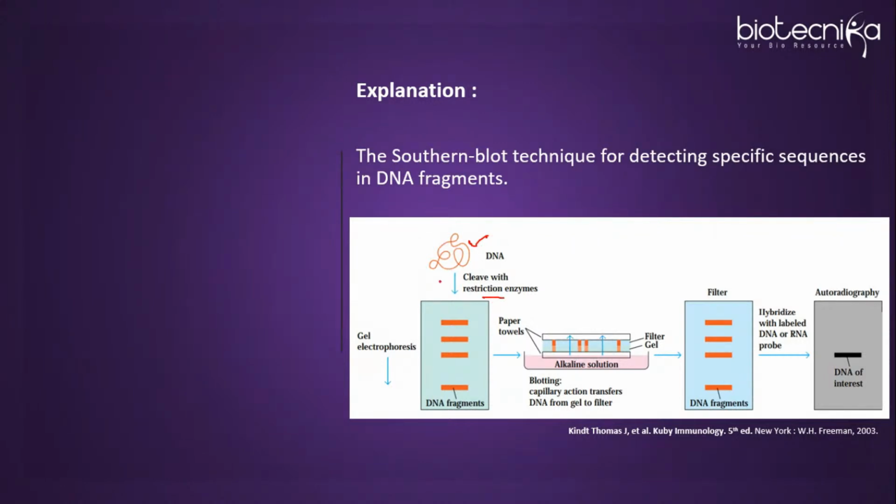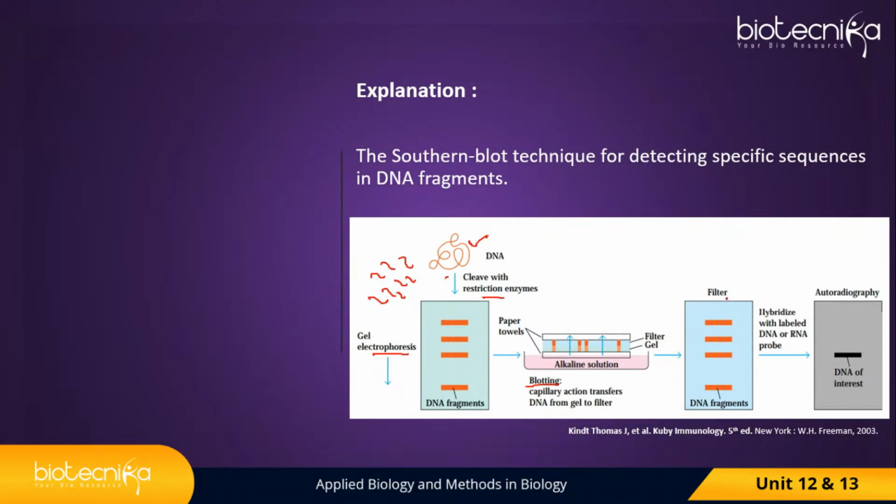Now, when you perform the restriction digestion using a restriction enzyme, you get a lot of fragments. These DNA fragments are separated by performing electrophoresis. Then you perform blotting, where you transfer the bands from the gel to the nitrocellulose filter.